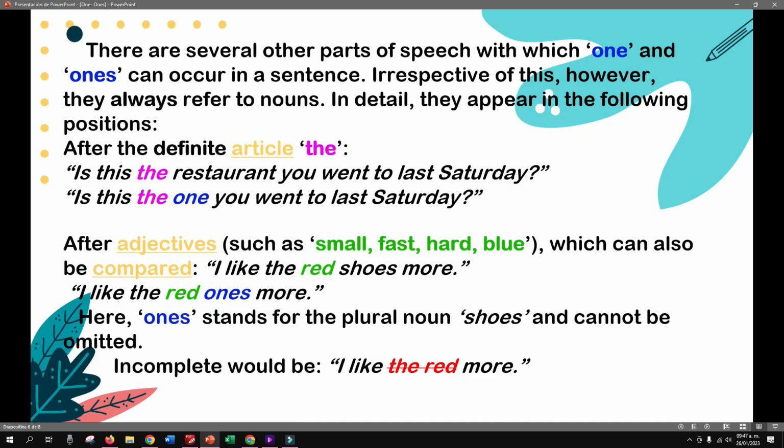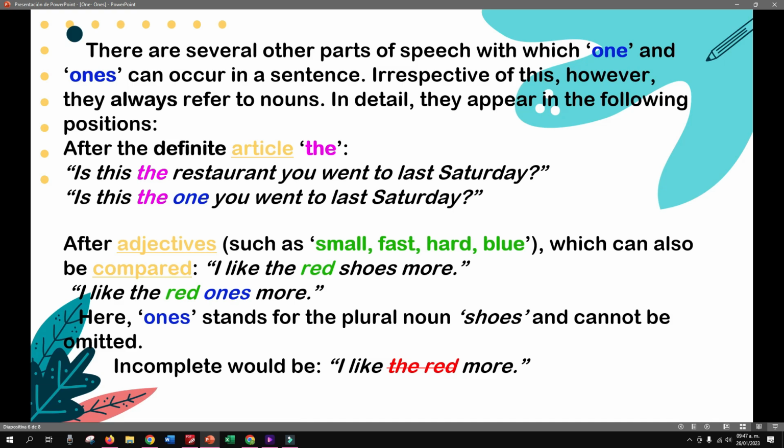Here ones stands for the plural noun shoes and cannot be omitted. No, you cannot omit it, right? You must use the pronoun in this case, right? So incomplete would be: I like more. I like more what? Or I like the red more. More what? So you need the object.